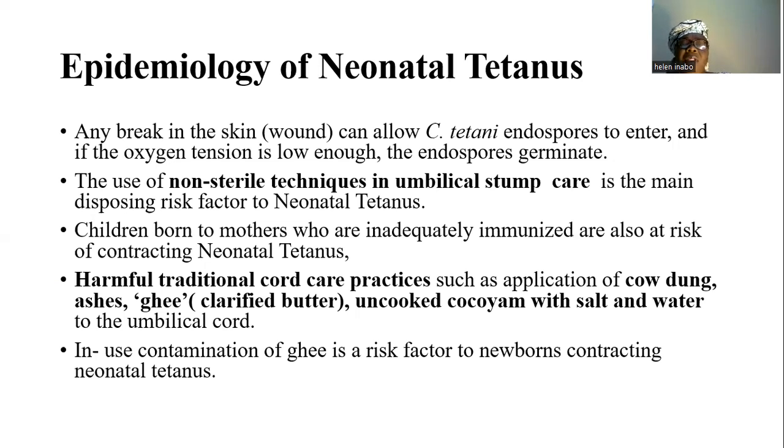Harmful traditional cord care practices, such as the application of cow dung to the umbilical stump, ashes, uncooked cocoyam with salt and water, as well as the application of clarified butter known as ghee, predispose the neonate to neonatal tetanus.